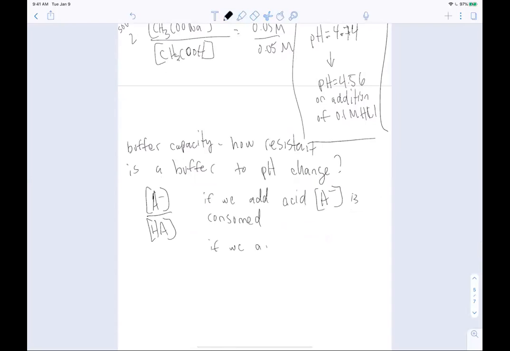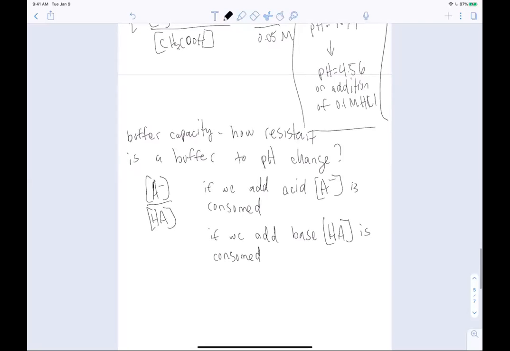If we add base, HA is consumed. And so that's where the resistance to the pH change happens.